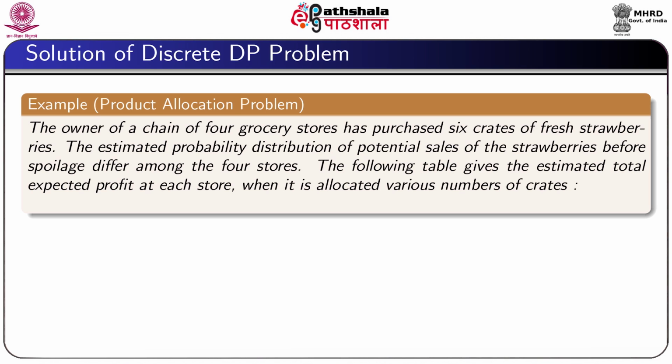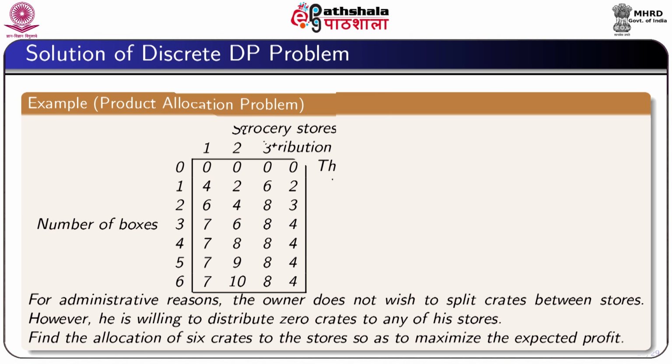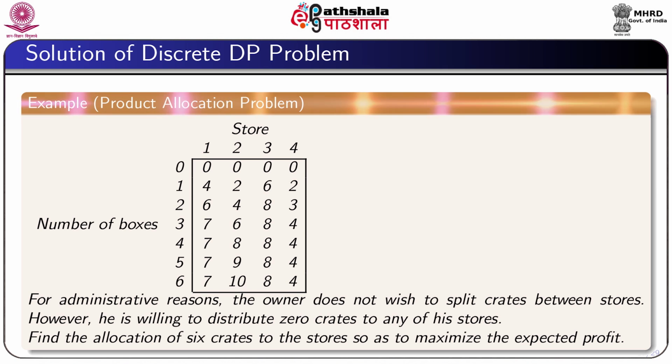The following table gives the estimated total expected profit at each store when it is allocated various numbers of crates. This table shows that there are 4 stores 1, 2, 3, 4, and the available crates is 6, that is the number of boxes is 6. When we allocate 0 boxes to store 1, the expected profit is 0, and similarly 0 boxes to store 2, 3 and 4, we have the profit 0.